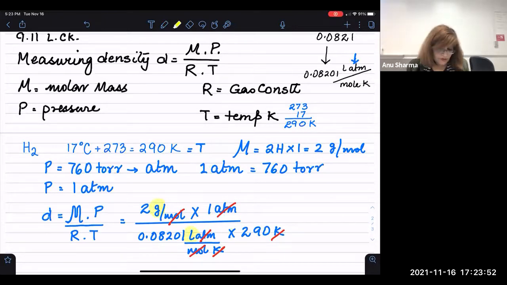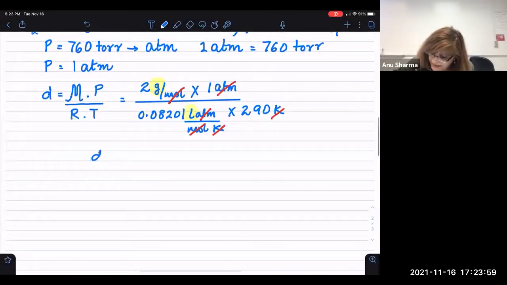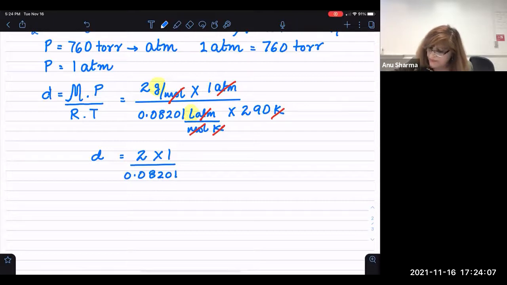That is the unit for density. So do the math now. The density is equal to 2 times 1 divided by 0.08201 times 290.